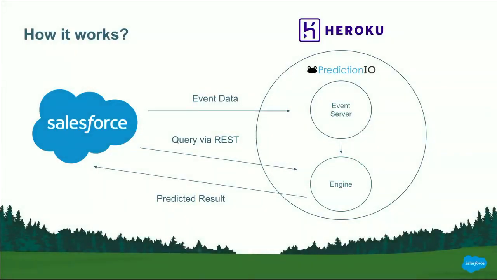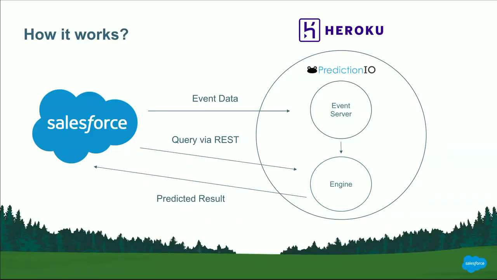So now that we have the three elements, I will show you on this diagram how the main flow works. As you can see in the graphic, we have two different areas. One of them is Salesforce, and the other one is Heroku. Heroku is where the event server and the engine are hosted and deployed. Salesforce is what the user sees.